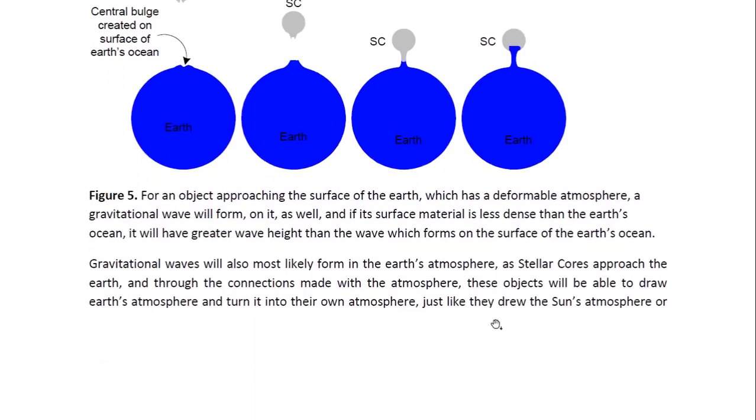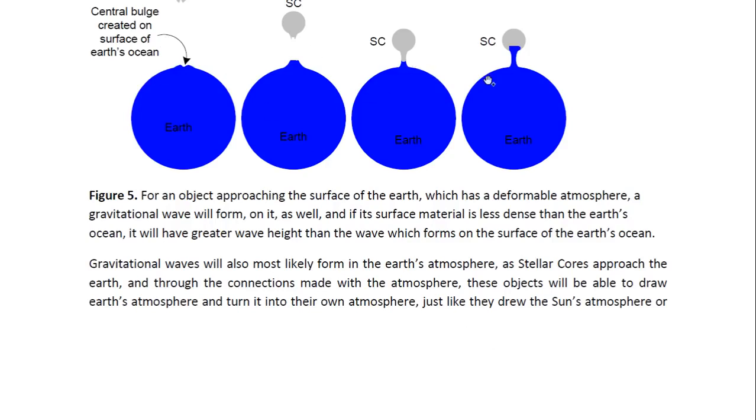Now, gravitational waves will also most likely form in the Earth's atmosphere as stellar cores approach the Earth. And through the connections made with the atmosphere, these objects will be able to draw Earth's atmosphere and turn it into their own atmosphere.